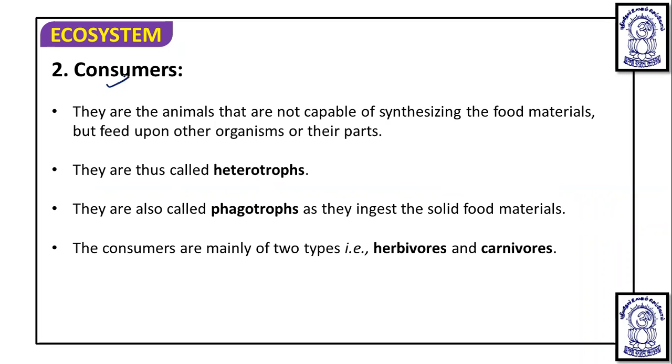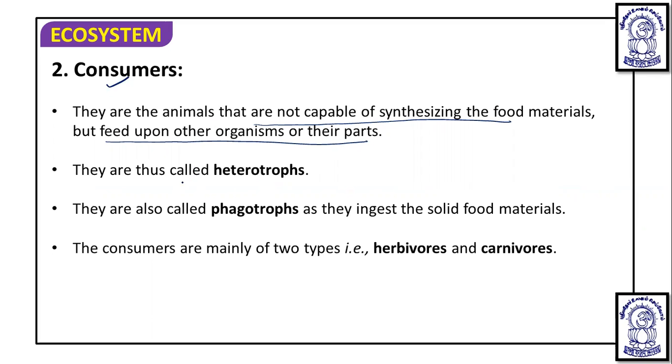Producers synthesize their own food, and the consumers are dependent on producers. Consumers are the animals that are not capable of synthesizing their food material, so they are dependent on the producer. They feed upon other organisms or their parts, either an animal or a plant. Some consumers will be higher consumers, which are dependent on the animals.